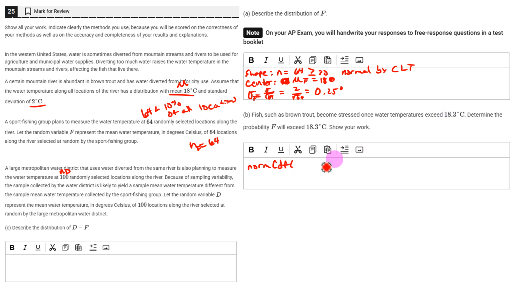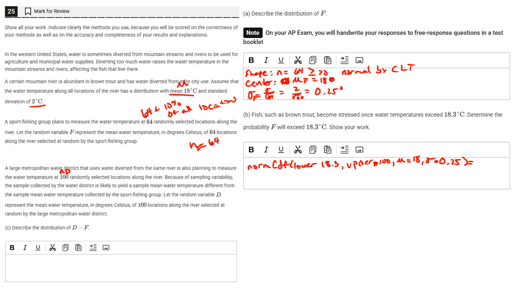Our lower bound would be 18.3, upper bound something ridiculous like 100, that would be the water is boiling. Then the mean is 18 and the standard deviation is 0.25.